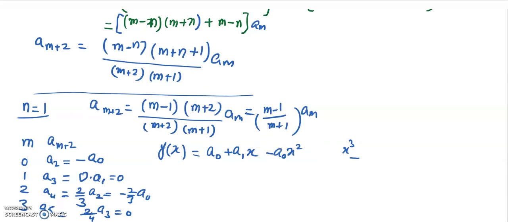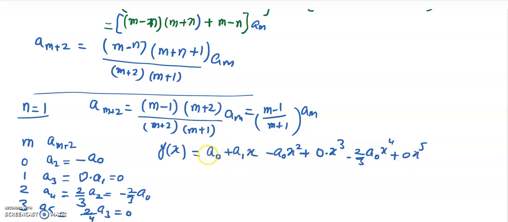Yeah, so it should be plus 0 x cube. Okay, 0 x cube, because after that it was 0 x cube. Okay, and then minus 2/3 a naught x power 4, and then plus 0 x 5.